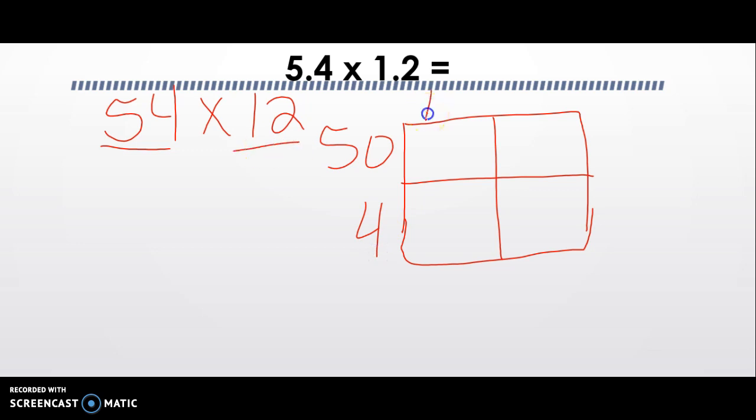Expanded form for 12, 10 and 2. Remember, everything on the side goes all the way across. Everything at the top needs to go all the way down. You're multiplying inside the boxes.